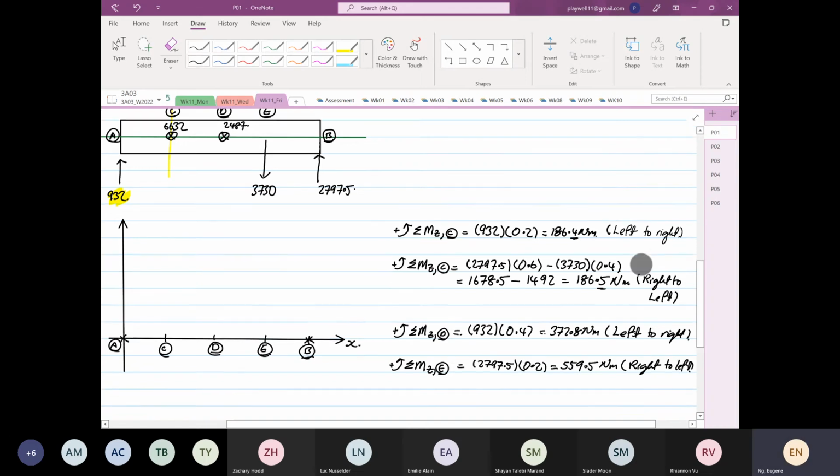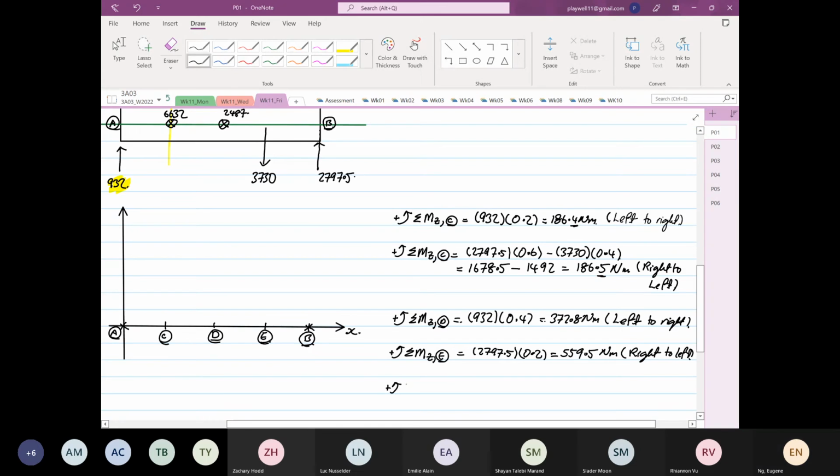If I were to do the same from left to right, again I only need to take one force because there's only one force component, and we multiply by 0.6. So 932 times 0.6 is equal to 559.2. It's about the same. This is left to right.